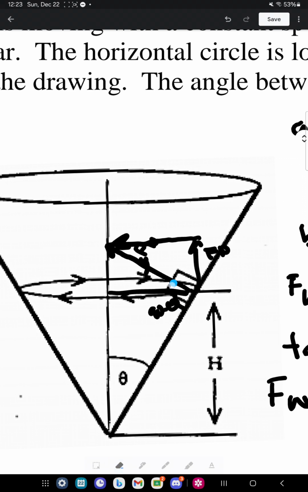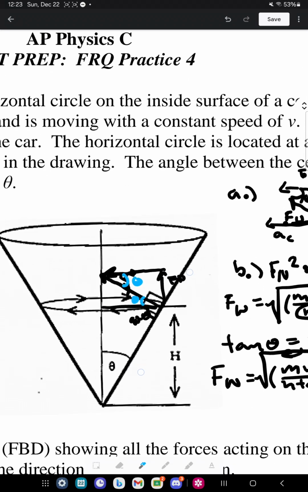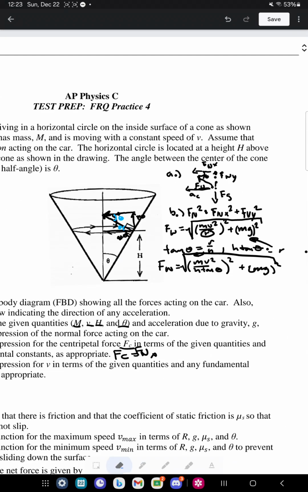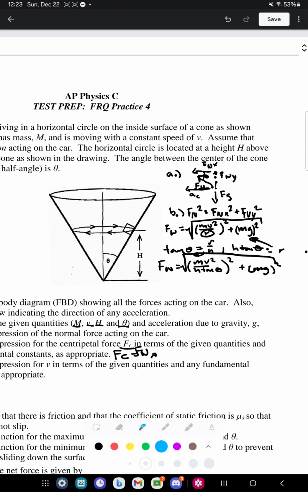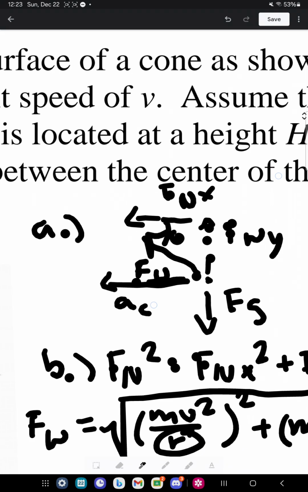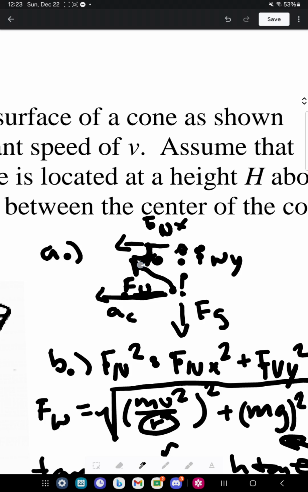So this here has to be theta, which means this here has to be theta, because that's how geometry works. So the angle up here is theta.